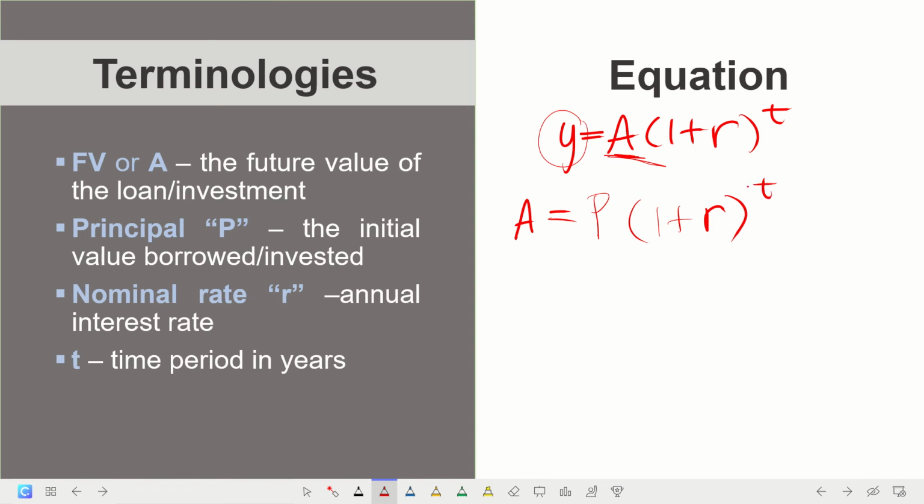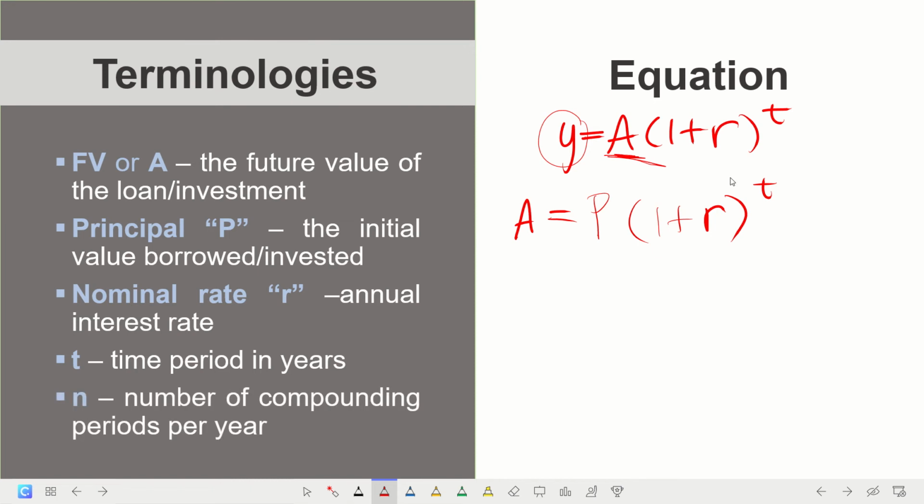So the rate here is defined as an annual rate, and time is also defined in years. We also have another factor, which is the number of compounding periods. This number of compounding periods needs to be considered in our compound interest.